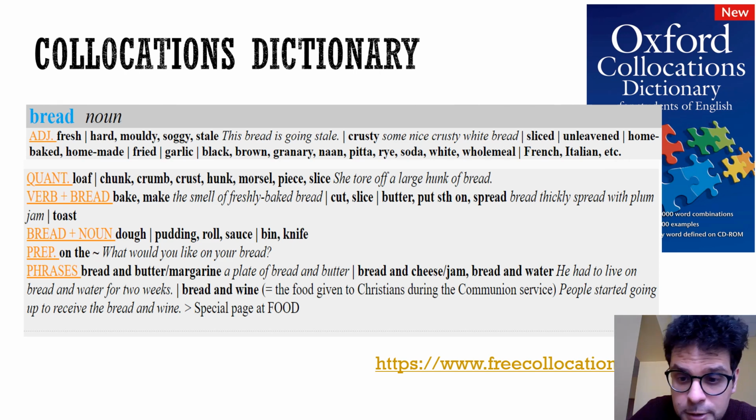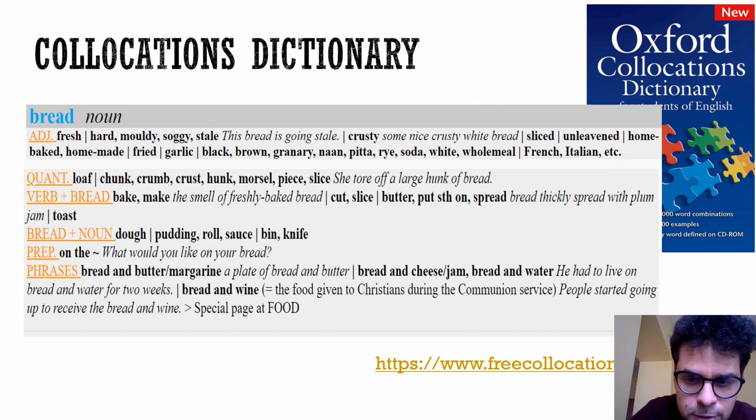We know that bread collocates with a list of adjectives such as fresh, hard, soggy, stale, crusty, sliced, homemade, home-baked, garlic, you name them. Then it also collocates with quantities: a loaf of bread, a chunk of bread, crumbs of bread, and so on.